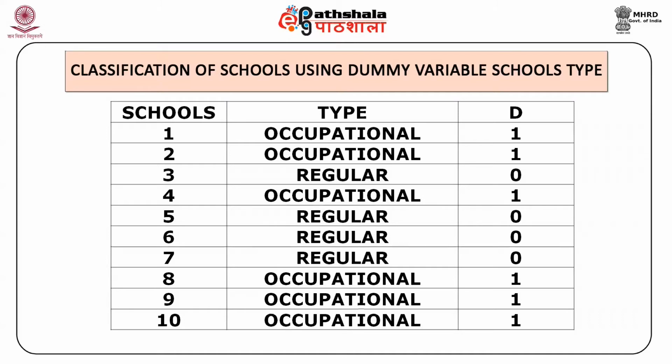As there are two categories of schools, occupational and regular, we have assigned binary digits to each of the categories to represent them by dummy. As the table shows, we have given 1 to occupational schools and 0 to regular schools. We can assign any of the two binaries to any of the categories, but it will have some minor influence on the results. We will study that later.